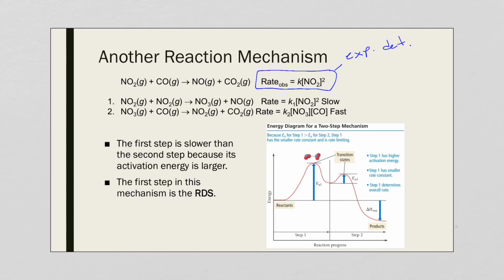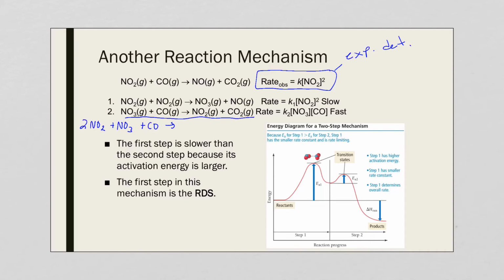So let's look at this. If we sum all of the reactants, and I'm just going to go ahead and group them, we have two NO2s, plus NO3, plus CO. And we have our products.